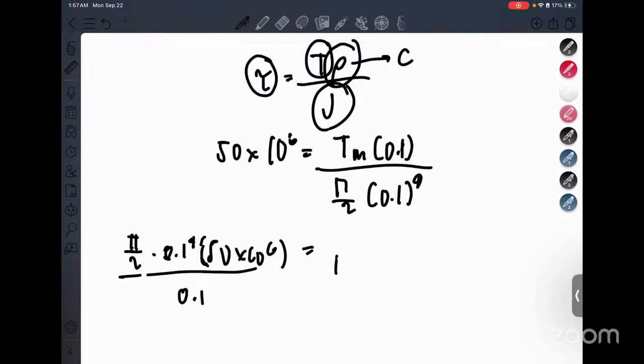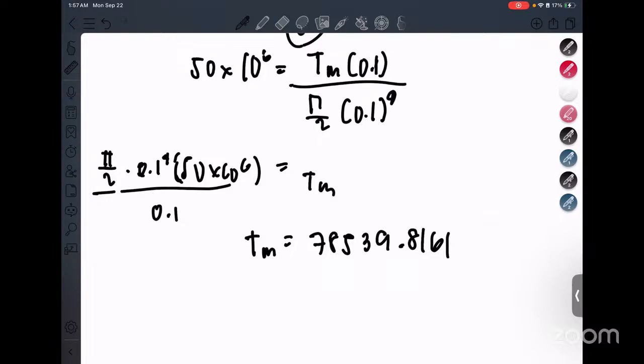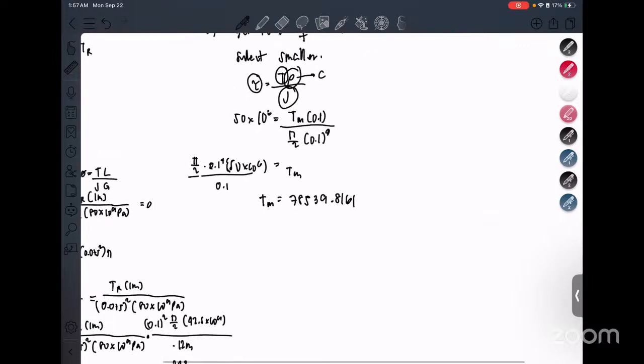This is equal to Pm. Pm, therefore, should simplify as 78539.8161. So, this is not yet T naught, pero this should give us an indication of like what is the maximum Pm at that specific point, right?